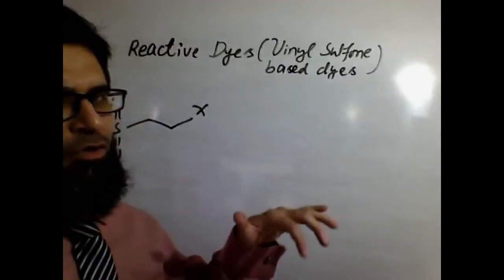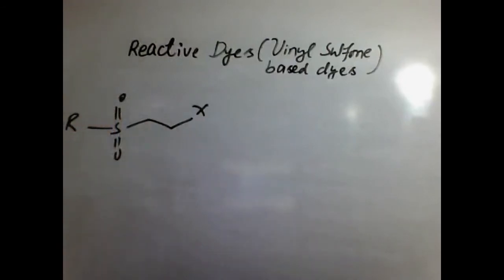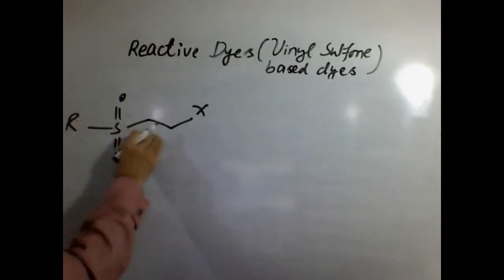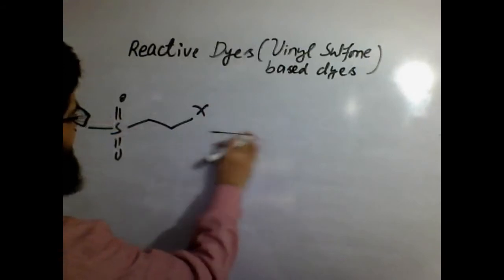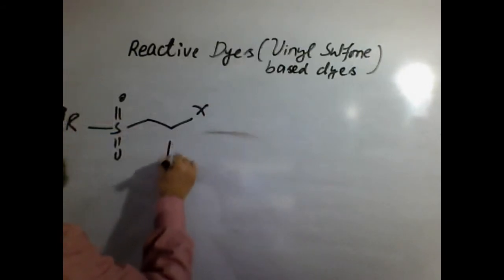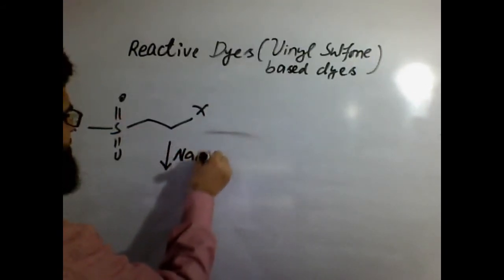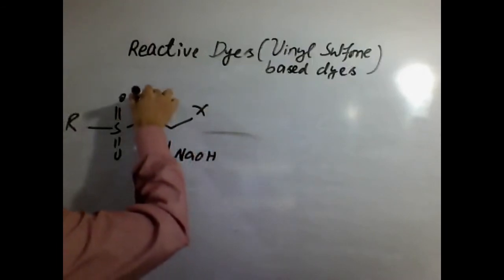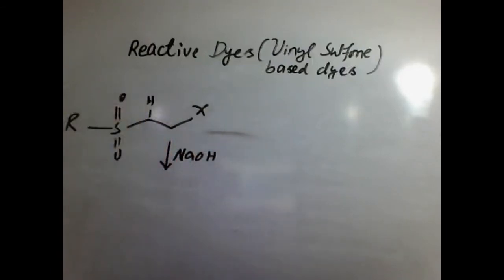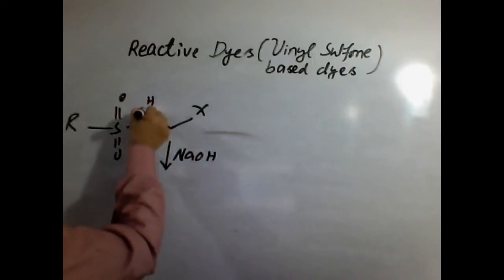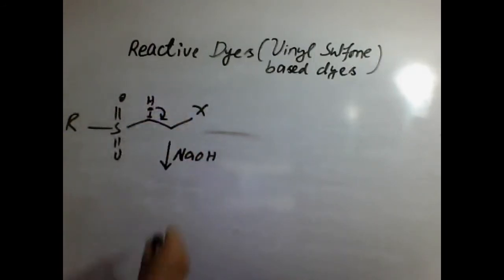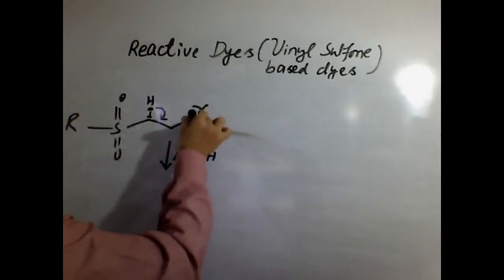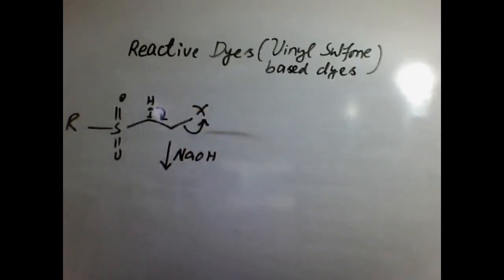According to another known method where vinyl sulfones are produced, the starting molecule looks like this. If you put in a strong base, the base abstracts the proton from here, and then these electrons are moved over here to generate a double bond. Resultantly, this bond is broken.